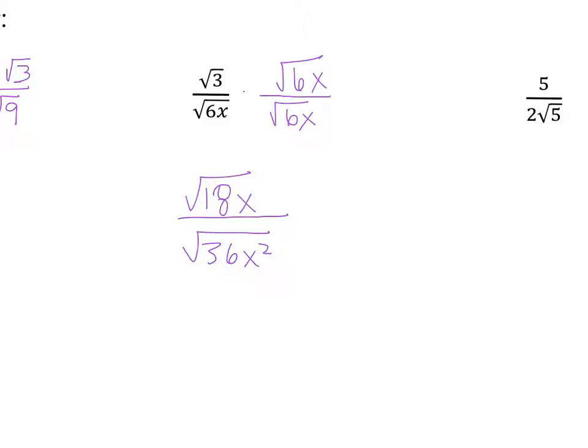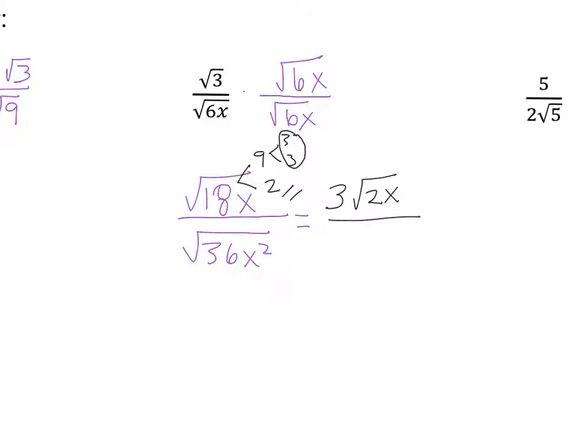There's two things about this one. I can simplify the top, because there's a square root of 9 in there, because if I do my factor tree over here, this would be like 9 times 2, 3 times 3. Here's my groups of 3. So I can take out a 3, and then I'd be left with this 2 on the inside, and I can't do anything with the square root x.